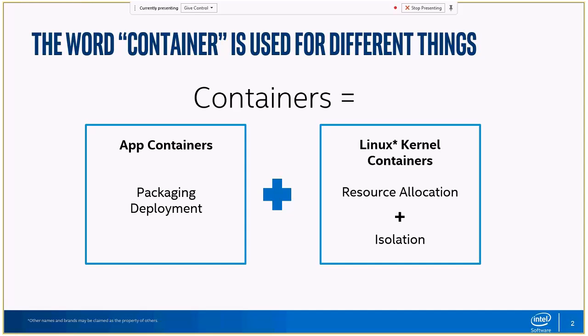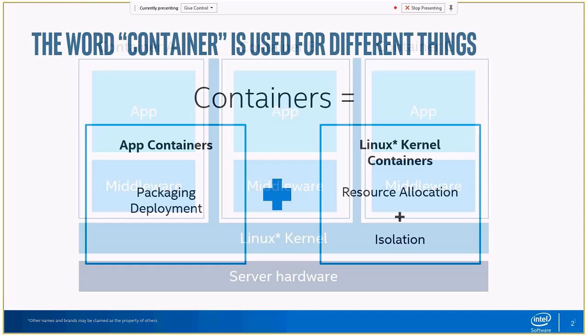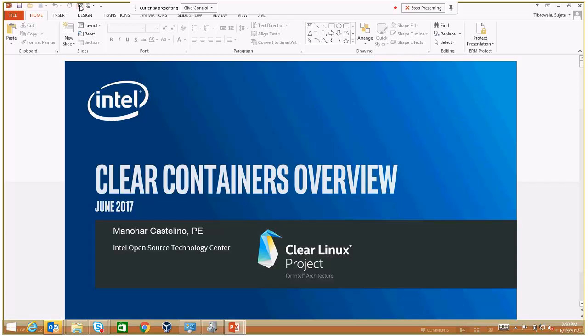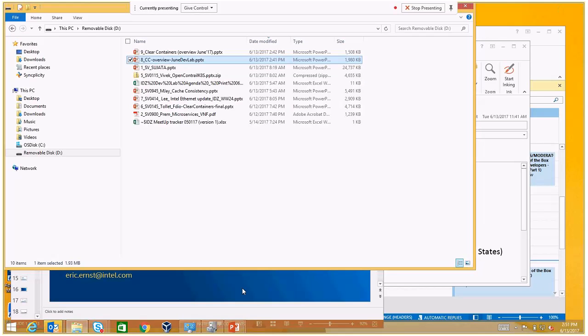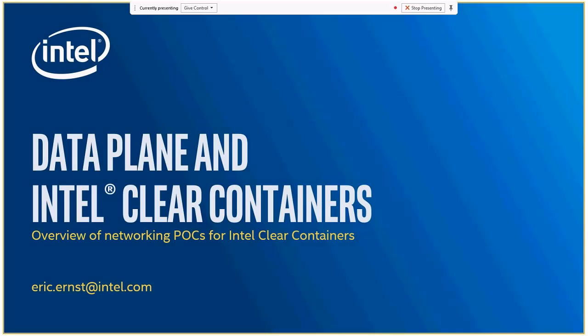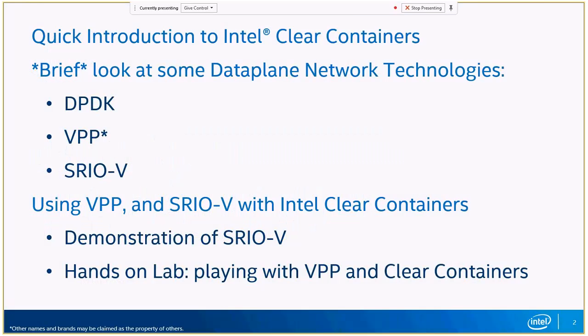Then we'll show you how you can create a DNS chain using Clear Containers by using a combination of VPP and SR-IOV. And there's a hands-on lab at the very end where you'll get access to a virtual machine of your own, where you can try Clear Containers with VPP that you just heard about a few minutes ago.